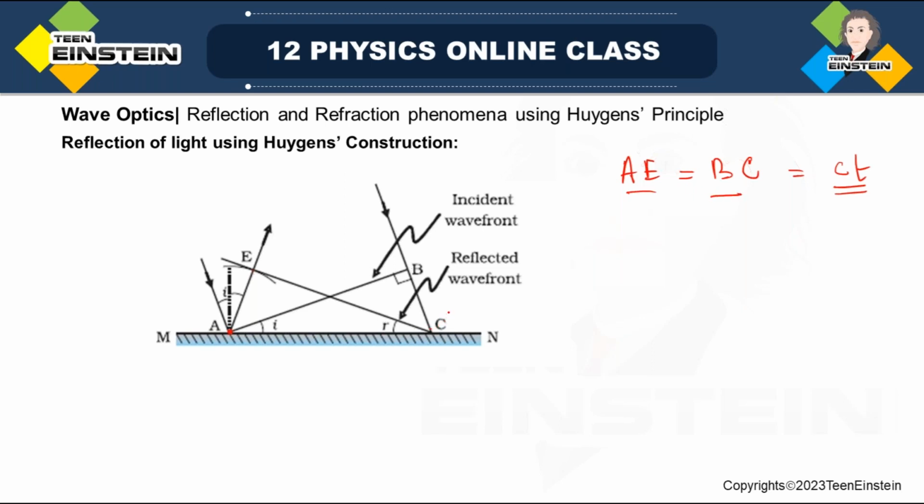Now I have to prove that the angle of incidence is equal to the angle of reflection. All right, so if we draw a tangent to this spherical wavefront produced by the secondary wave, this tangent will touch here.